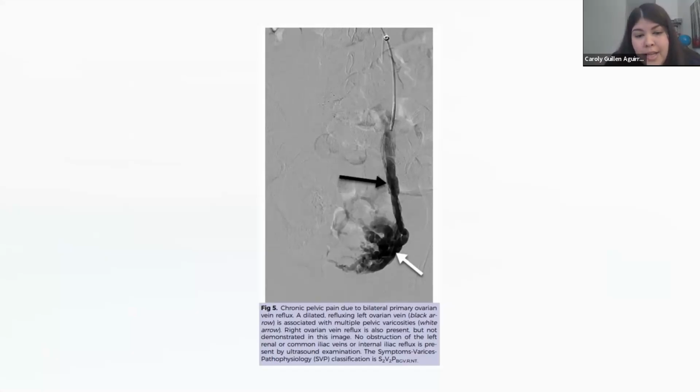No obstruction of the left renal or common iliac veins or internal iliac reflux is present by ultrasound examination. So the symptom varices pathophysiology classification will be S2, pelvic symptoms, V2, pelvic varices, and pathophysiology is bilateral gonadal vein reflux, and not thrombotic.